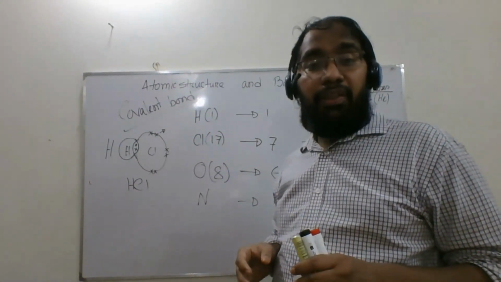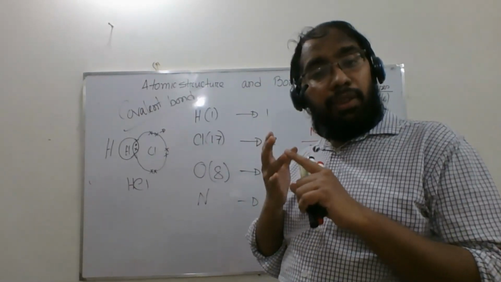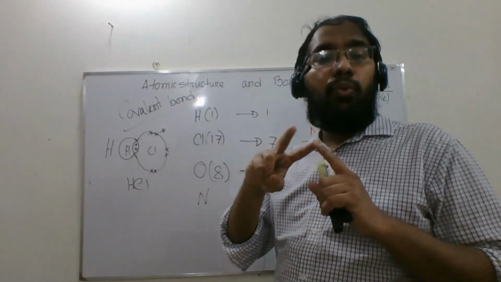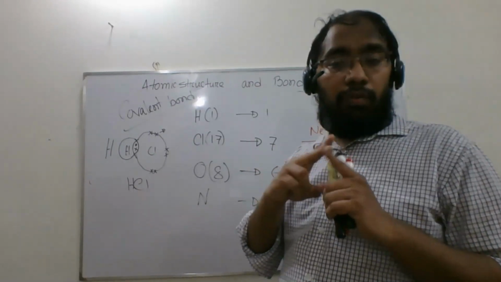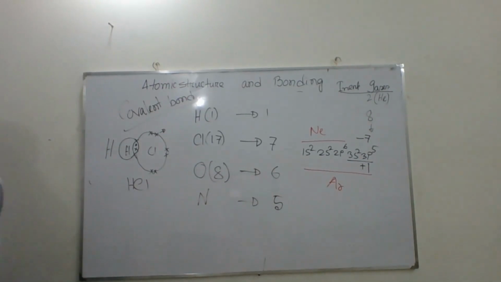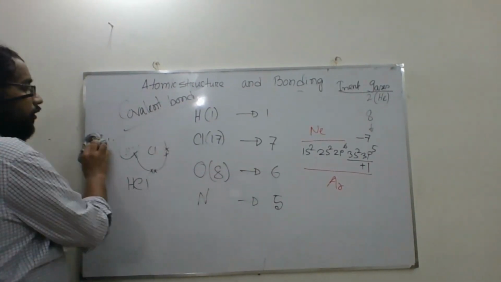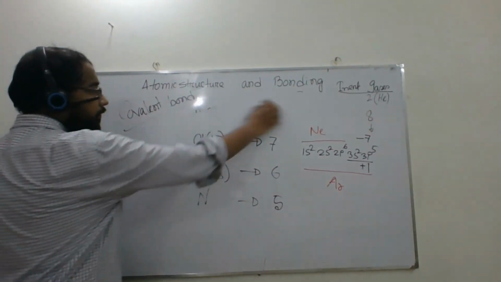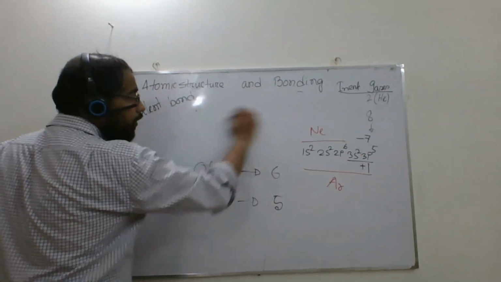Okay, that means ionic bond is always metal and non-metal, and covalent bond is between two non-metals. Now there are some special criteria of the covalent bonds. I will discuss them gradually one by one.